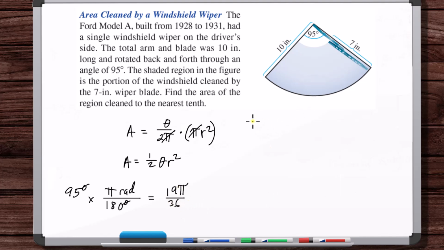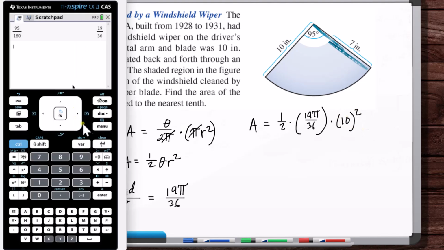Okay, so this area is 1/2 times theta times r squared. In this case, it's 19 pi over 36 times 1/2 times 10 squared, and 10 squared is 100.